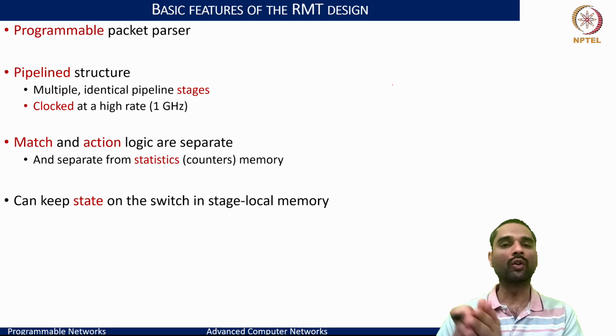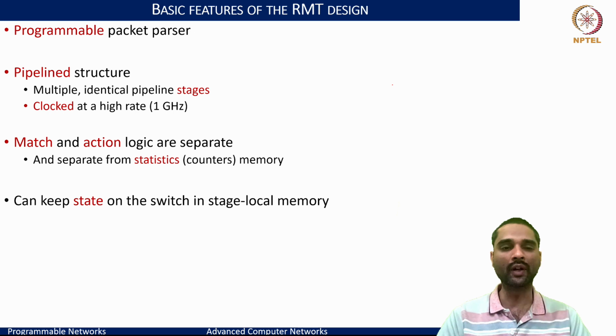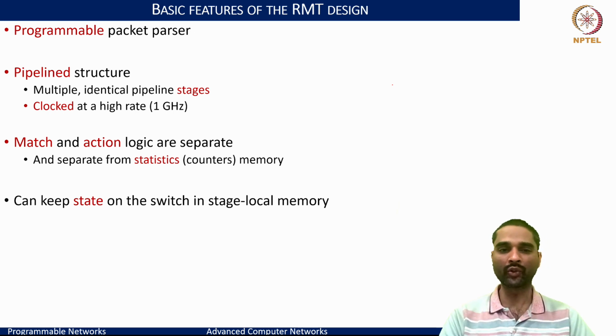We could have multiple of these pipeline stages, and each of these stages could be done one after the other at a very high clock rate so that we are able to meet the line rate packet processing.